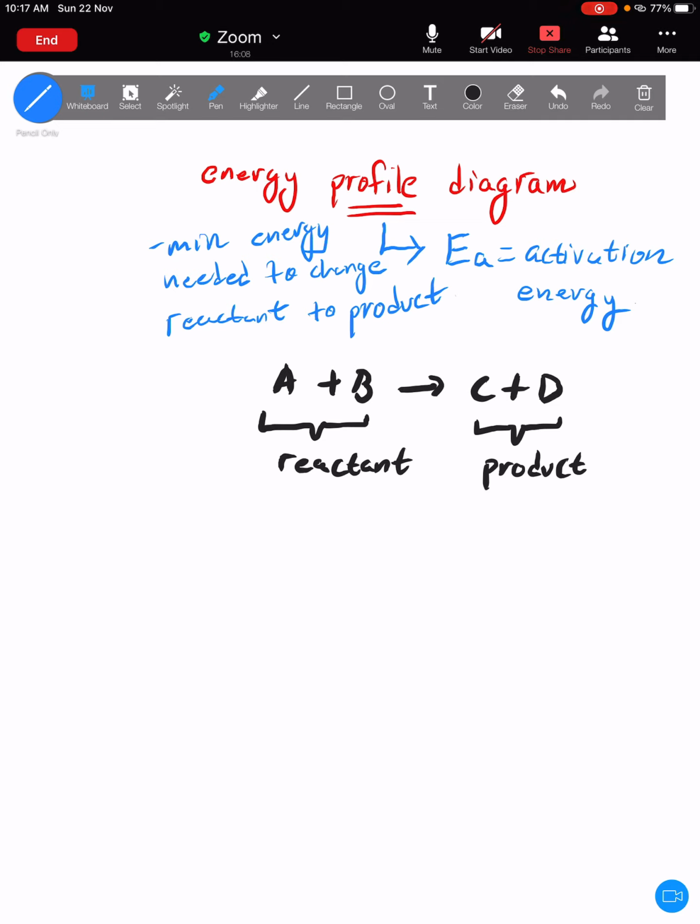In this case, just as an example, I make it 50 kilojoule per mole and 30 kilojoule per mole. Okay. So how to draw the energy? By looking at this equation, 50 becomes 30. Exothermic or endothermic?